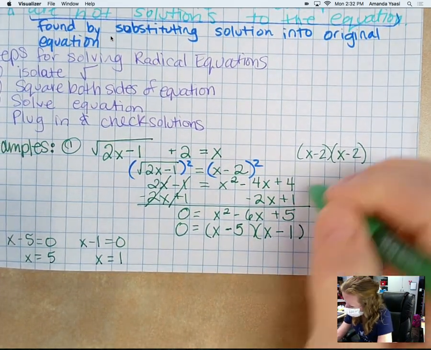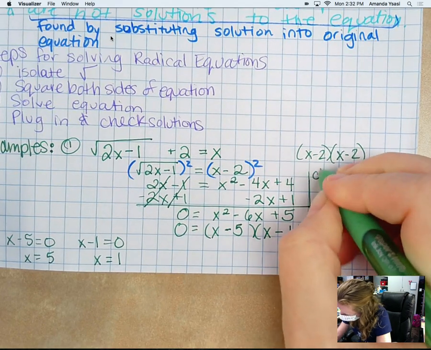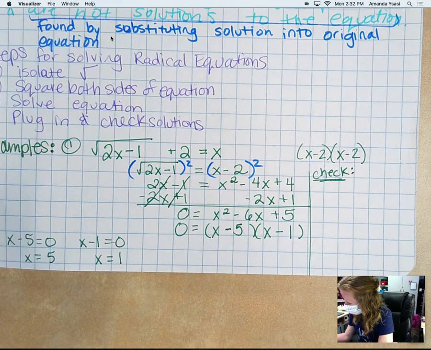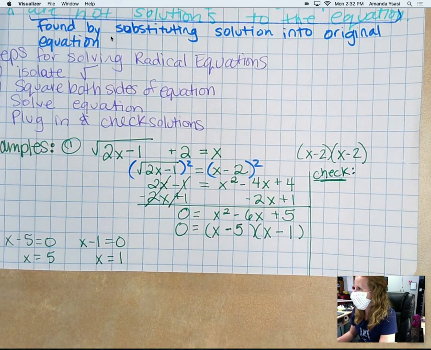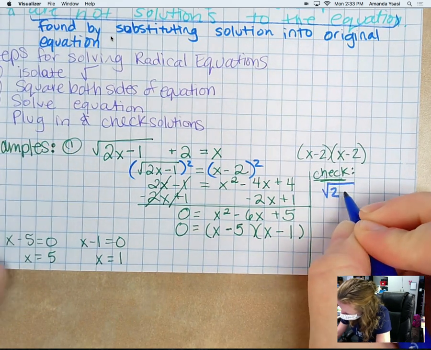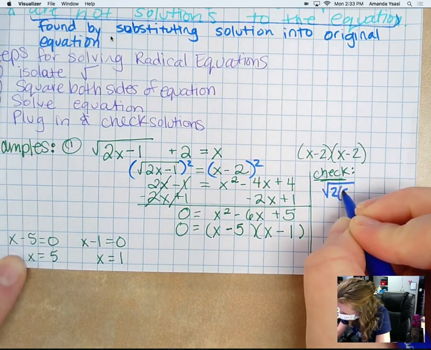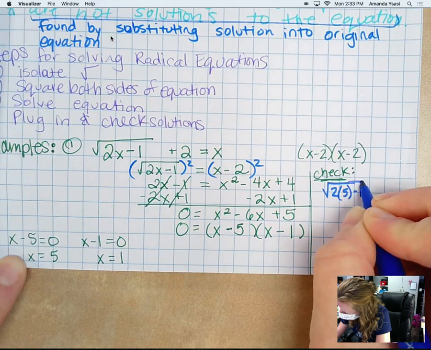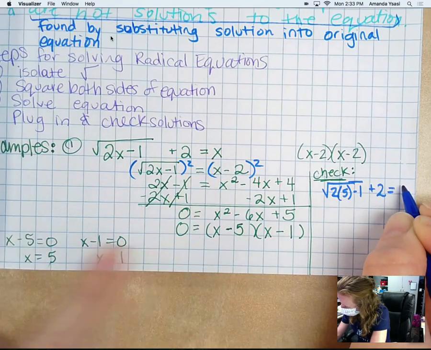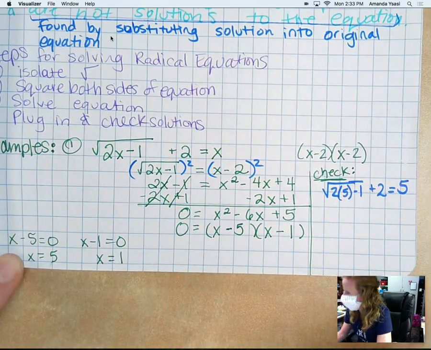But we've got to check our answers. So check. We've got to do that step 4. So square root of 2 times 5, minus 1, plus 2 equals x, so equals 5.